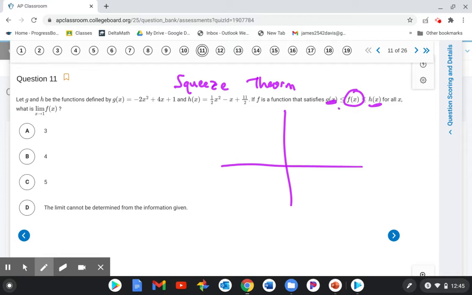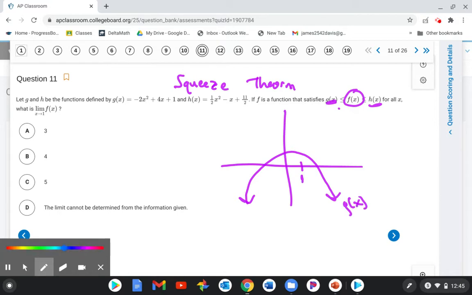Let's say g of x is a negative parabola, like this in some way. And then here's 1, as we're approaching 1. So this is g of x.